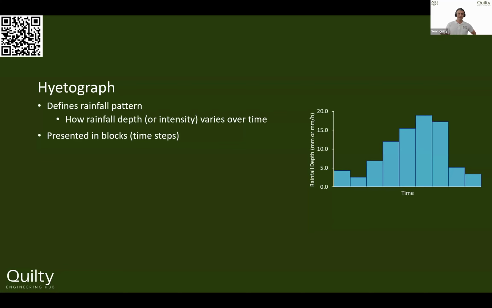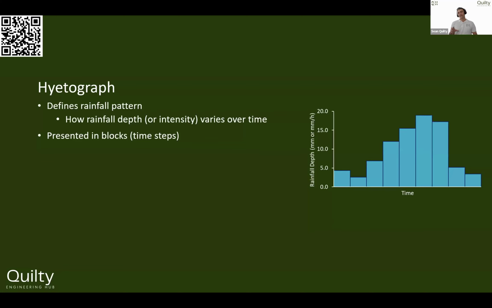So that will be dependent on getting your IFD data, for example. You might have an average rainfall depth over your 45-minute storm, but then you can sort of chop that up based on the temporal pattern, and then you can get specific rainfall depths for each one of those time steps.